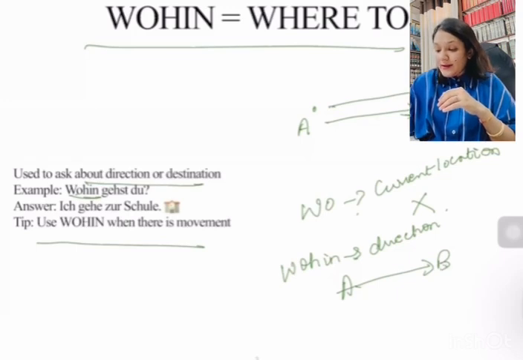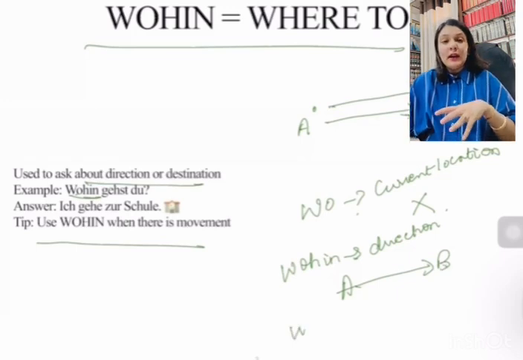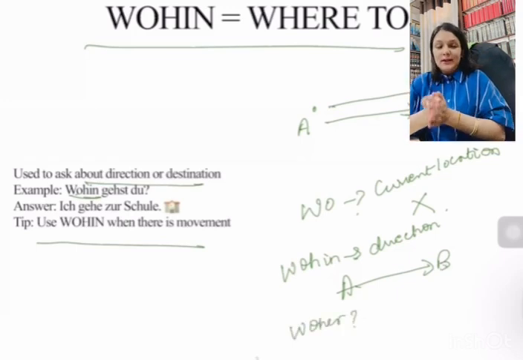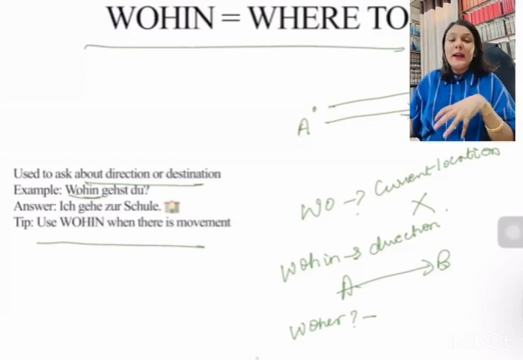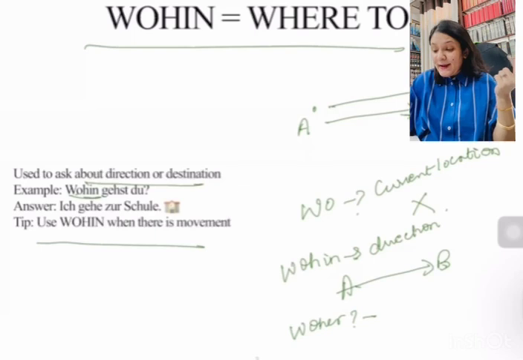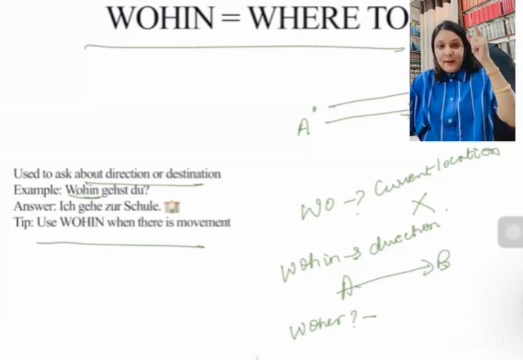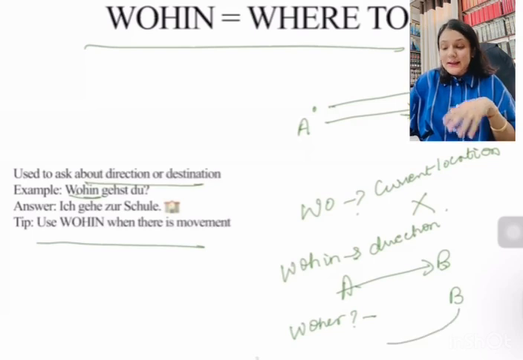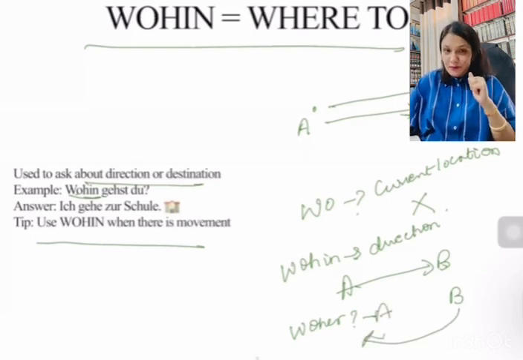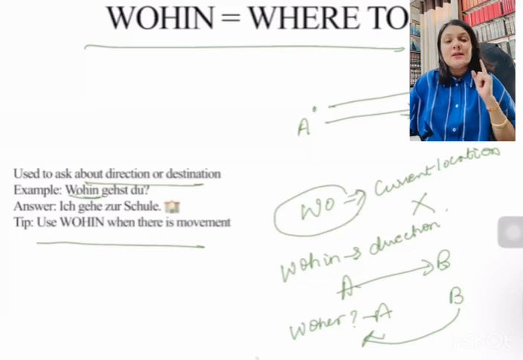And woher is used when we are asking someone their place of origin, where do they come from. This is someone coming from point B to point A. In this sense we use woher. Wo is stationary, wohin and woher represent movement.